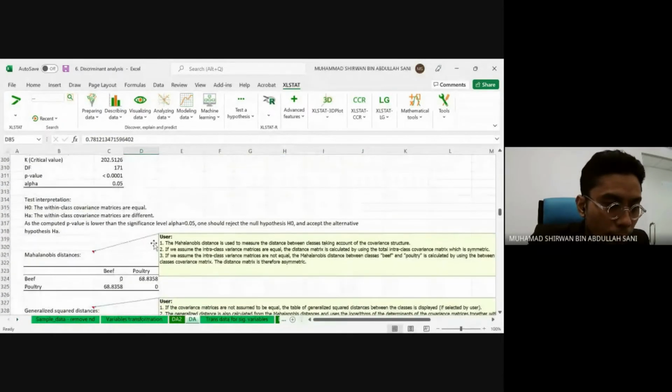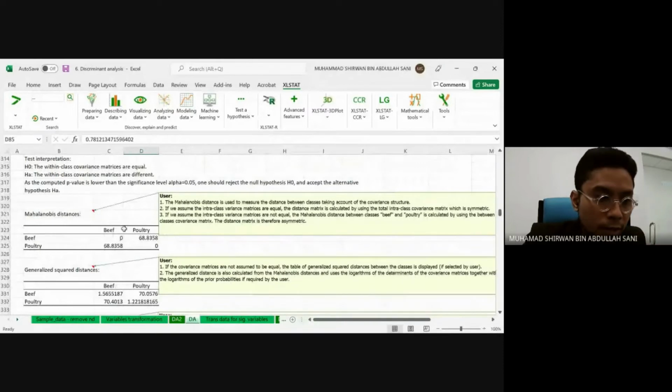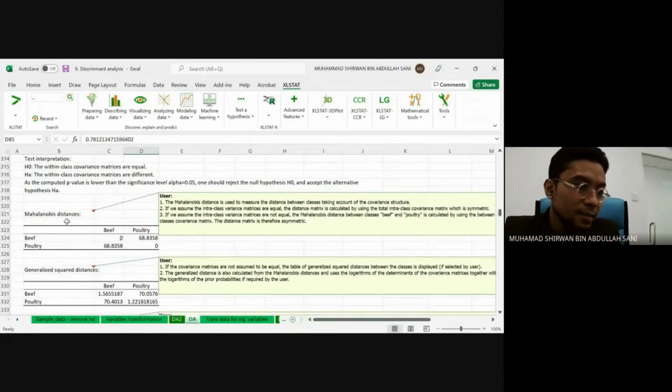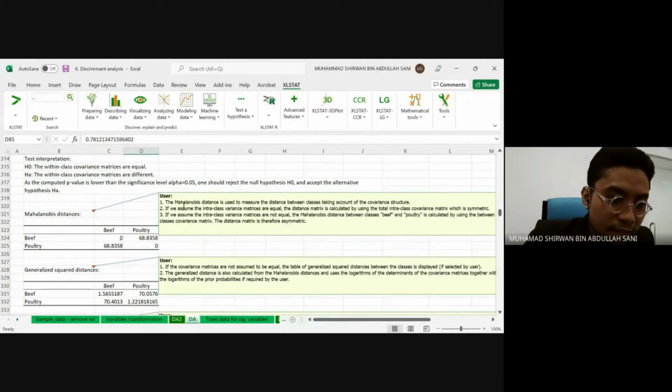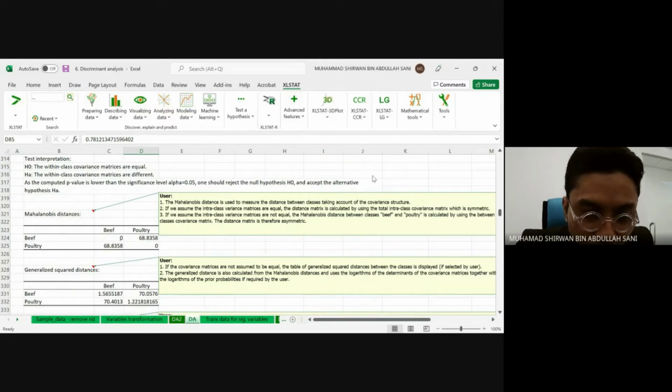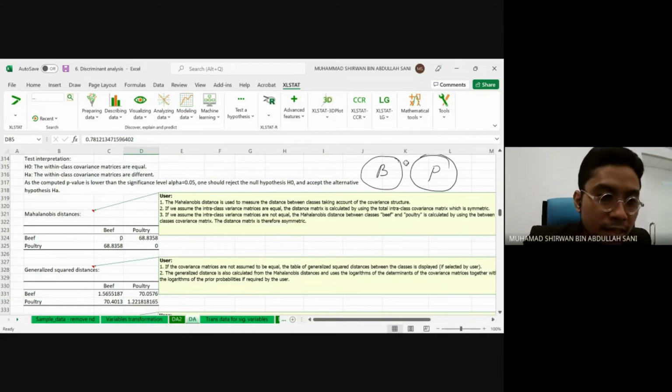Okay, and then we will find the Mahalanobis distance. This Mahalanobis distance is used to measure the distance between classes, taking account of the covariance structure. So we have two groups, one bovine and one porcine. We want to check the distance measured between these two groups, how far and whether it is significant or not.